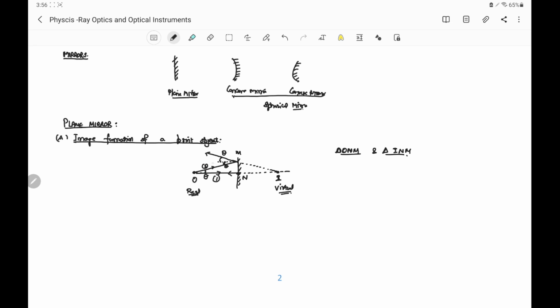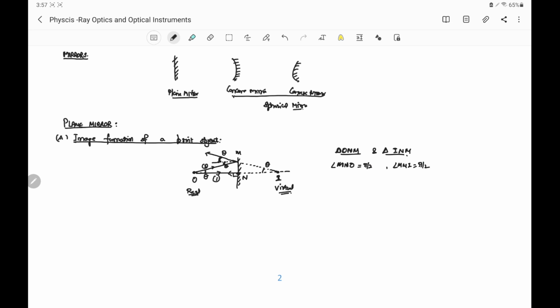And at M, the angle of reflection is theta, so the corresponding angle is also theta. Therefore, comparing these two triangles, angle MNO is equal to pi by 2 because it is a normal, and angle MNI is also pi by 2. So these two angles are equal.